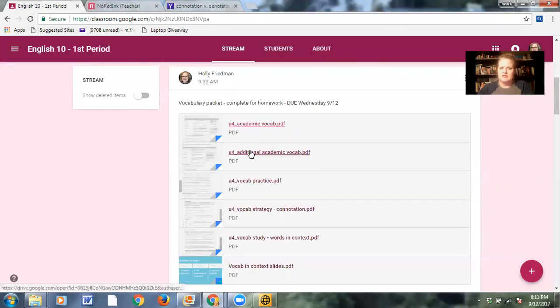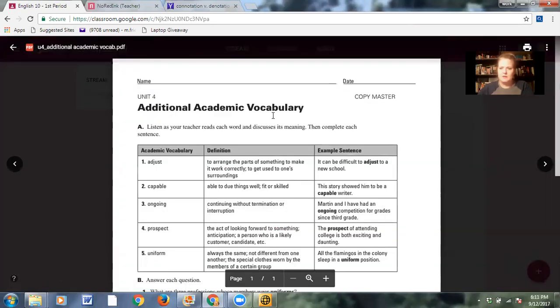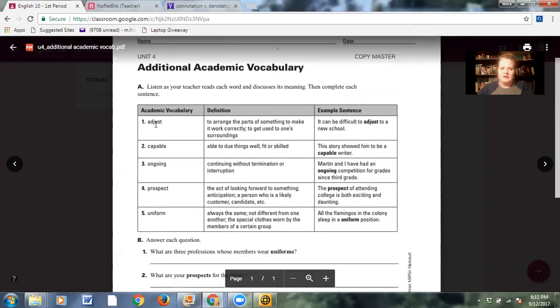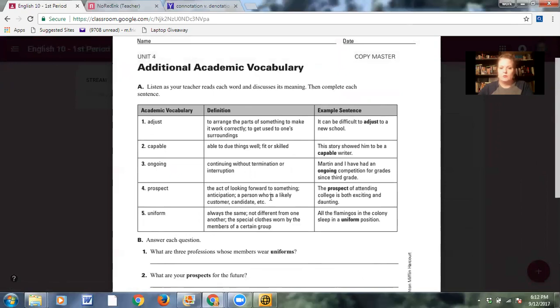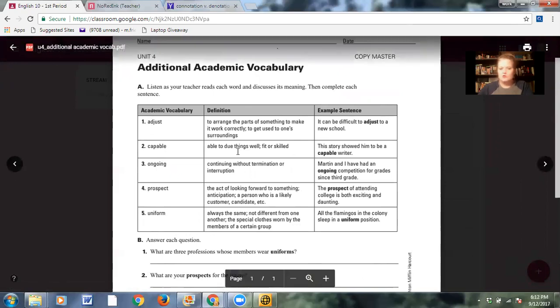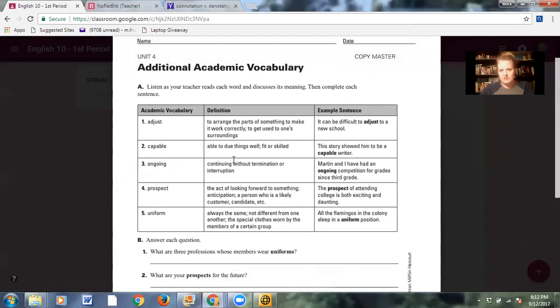All right, next we did the additional academic vocabulary. Again, we've got 5 academic vocab words. These are words that you just need to know. Adjust, capable, ongoing, prospect, and uniform. Again, I suspect that you probably already know these words, but they're here, and you will be quizzed on them at a later date.